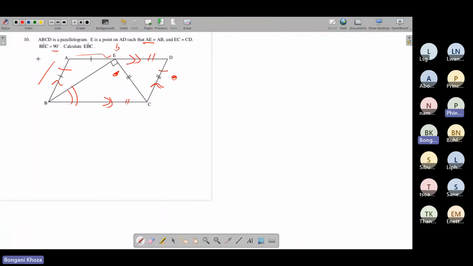Also, we have seen that BEC, which is this angle over here, equals 90. They've indicated with a square over there. We are supposed to calculate the value of EBC, so EBC is over here. Any questions?